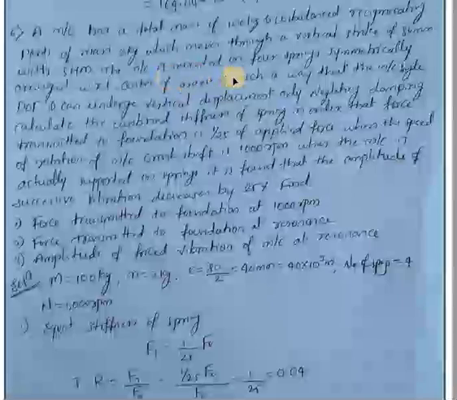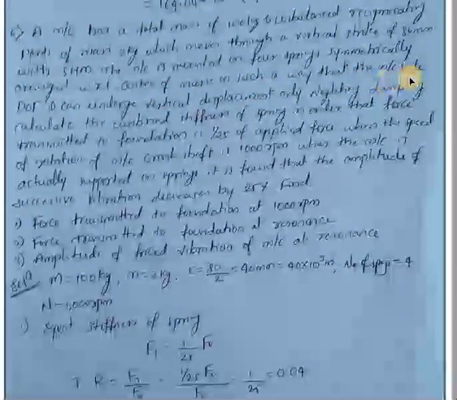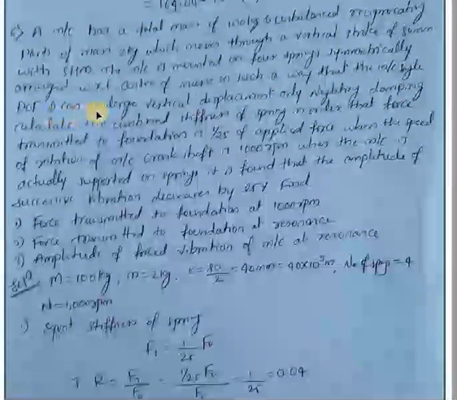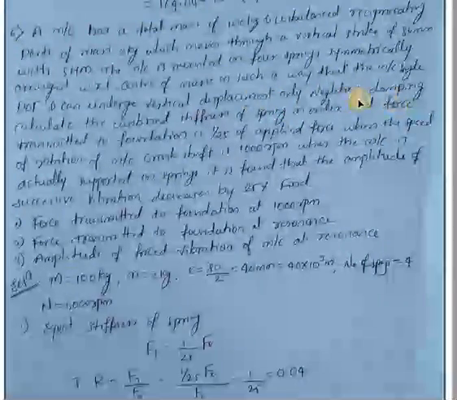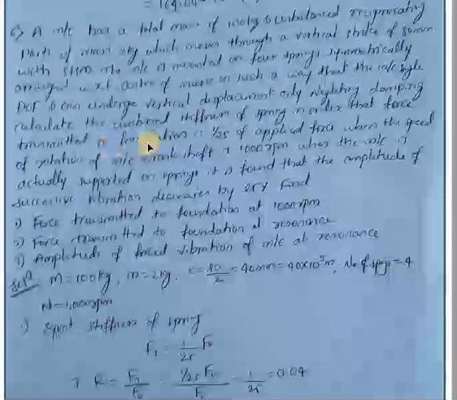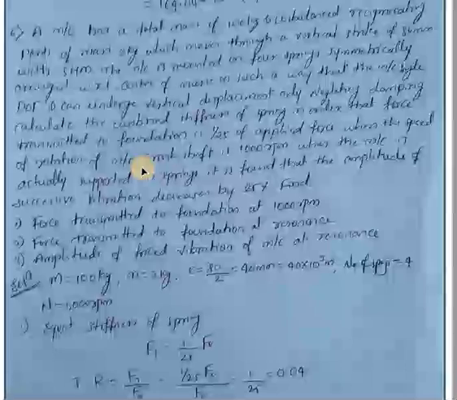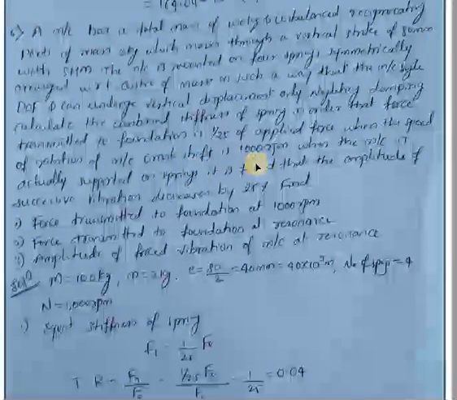The machine is mounted on 4 springs symmetrically arranged with respect to the center of mass in such a way that the machine has single degree of freedom and can undergo vertical displacement only. Neglecting damping, calculate the combined stiffness of springs in order that the force transmitted to the foundation is 1 by 25 times the applied force when the speed of rotation of the machine crankshaft is 1000 rpm.